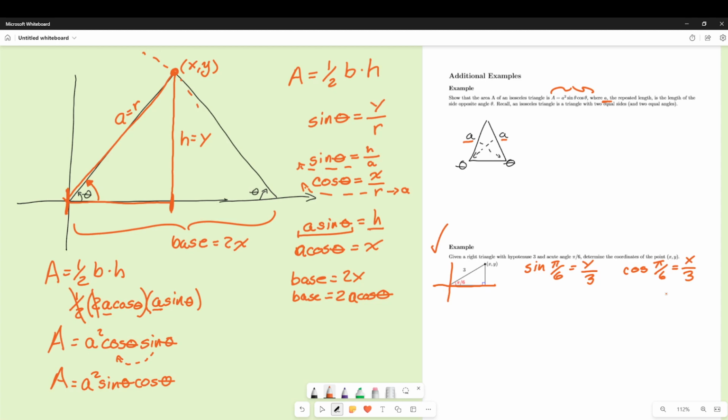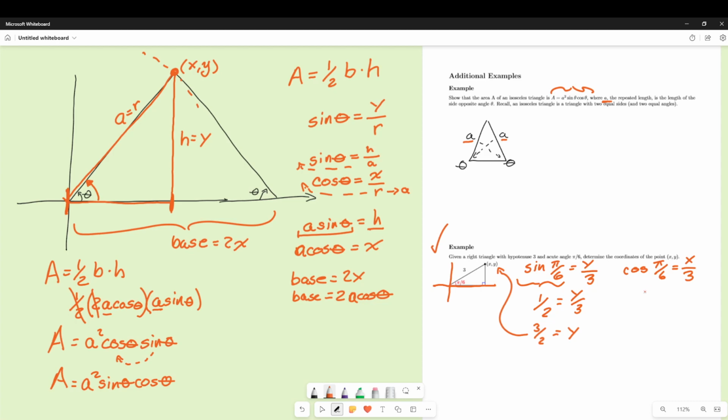But we also know from our work with the special triangles in the last video, and you might have to look back over your notes for that, we know what the sine of pi over 6 is. We know the sine of pi over 6 is 1/2. So that's got to be equal to y over 3, which means y multiplied over is equal to 3/2. So we have the y value.